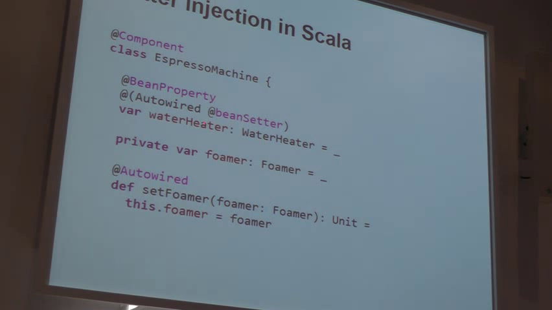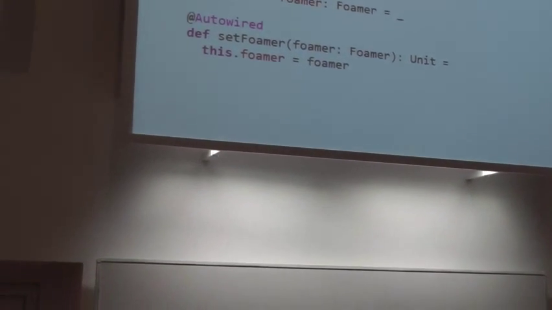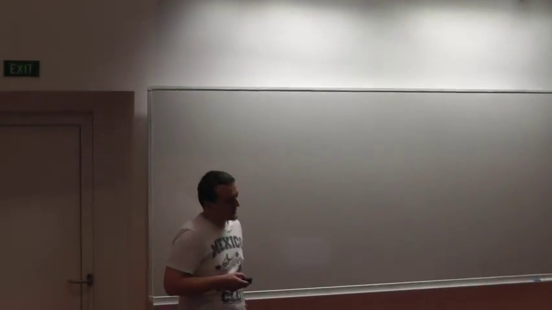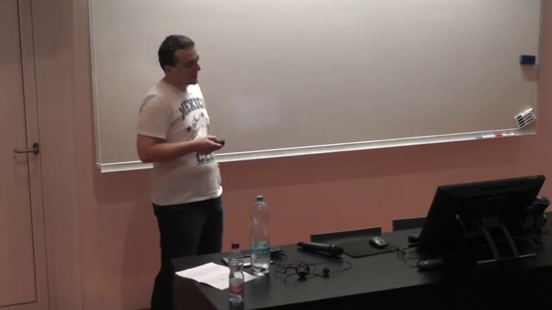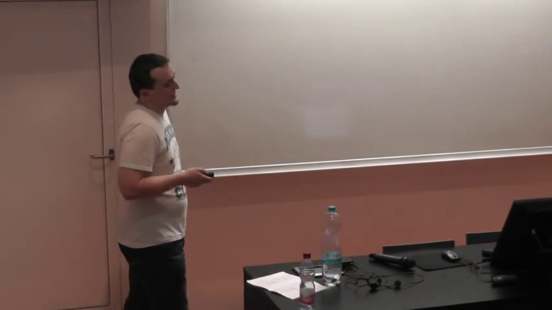You do that by using this special meta annotation, I would call it, bean setter, with which you're telling the compiler that you want to put the autowired annotation just on the bean setter. As you can see here, it's not very pretty, I would say. Certainly nothing special, you don't get anything more or nicer than in Java. So I would recommend sticking to the constructor-based approach.